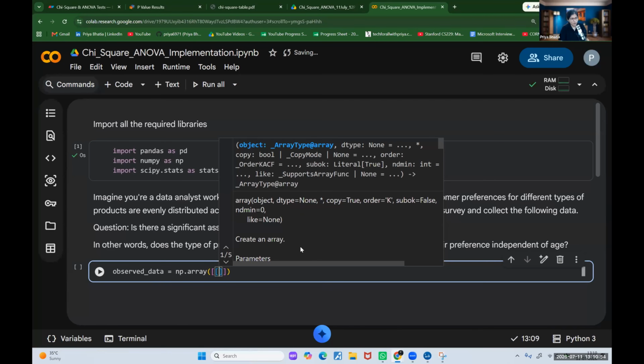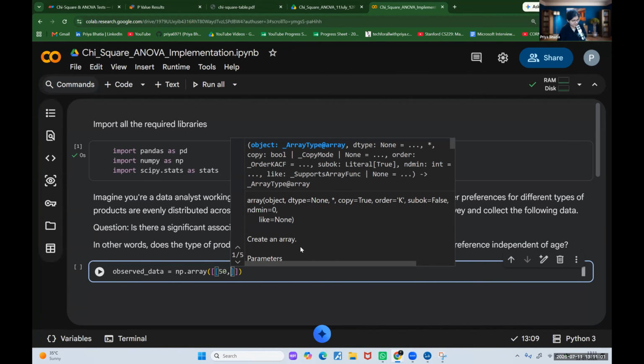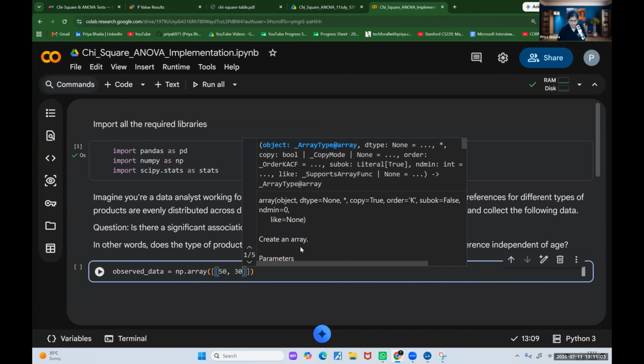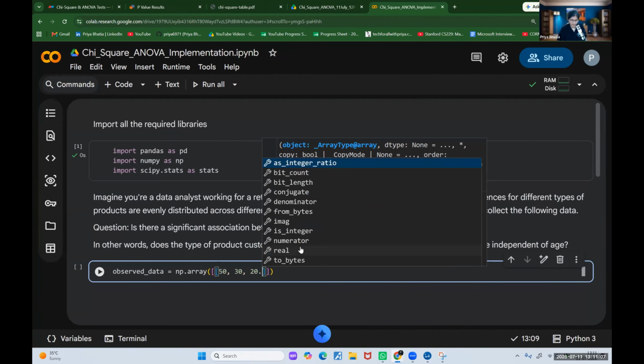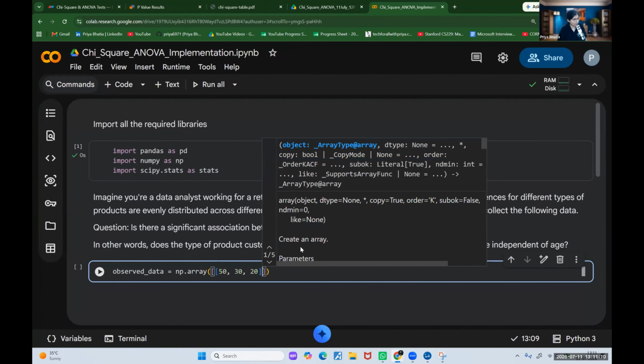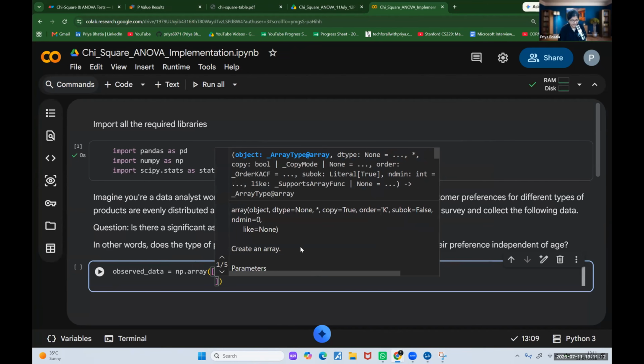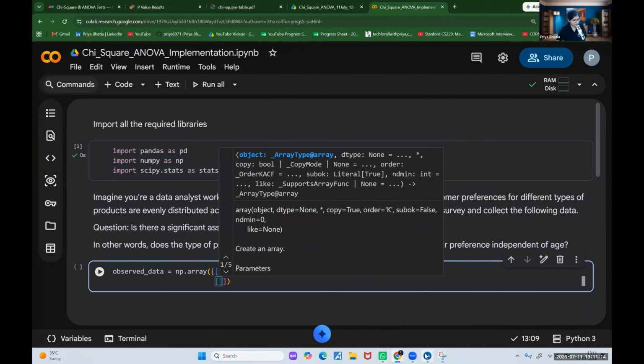Now, can you just let me know what the exact numbers in different age groups are? I think it was 50, followed by 30, followed by 20, right? Then I think we had a second row. What were the values in the second row?